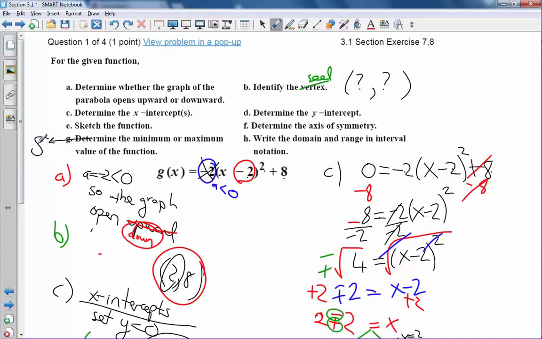It's 8. 8 is the maximum, this is the max value. If they ask me where it is happening, at what x value, you're going to say at x equals 2. X coordinate 2, it happens. But the value, how high that mountain is, if you want to measure the height of the mountain, it's 8 feet above the ground. Okay?